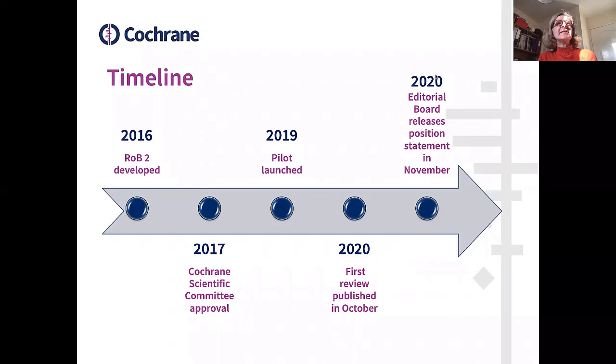In summary, the position that Cochrane takes is that RoB2 is the preferred tool for Cochrane reviews, and it's the tool that's described in the current version of the Cochrane Handbook. However, it is not compulsory, and there isn't an expectation that review updates will need to use RoB2, but it is the preferred tool.